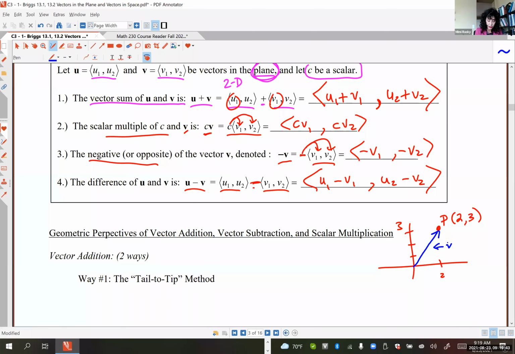We'll call this vector v. You would use angular brackets with the 2, 3. That's very different from just a dot, a point. And so I am very much a stickler for sticking to that representation in our class. Component form for a vector uses the angular brackets so that we don't get confused between vectors and points.